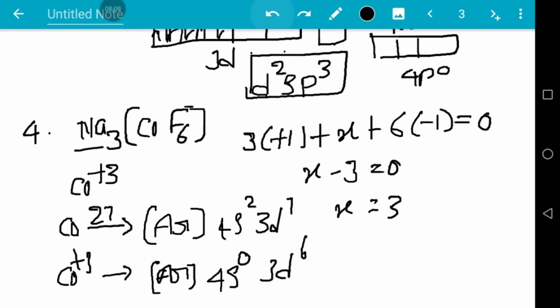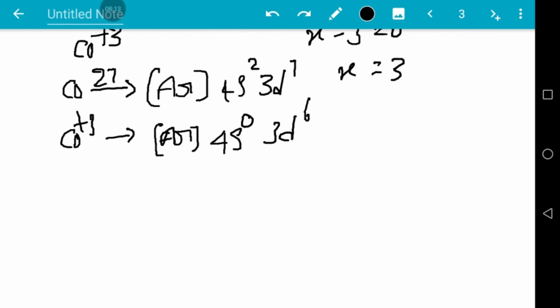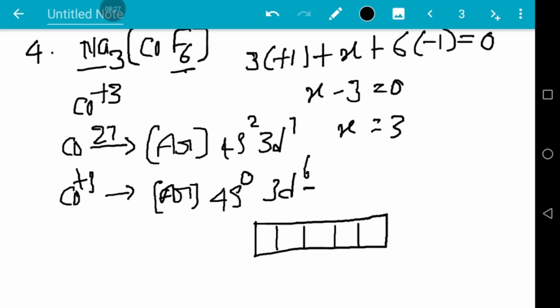This is the cobalt +3 configuration. Here totally 6 electrons are there, and 5 d orbitals are there, so within the 5 d orbitals we have to fill the 6 electrons. But here, fluorine is the ligand. Fluorine is a weak field ligand, so no pairing takes place.